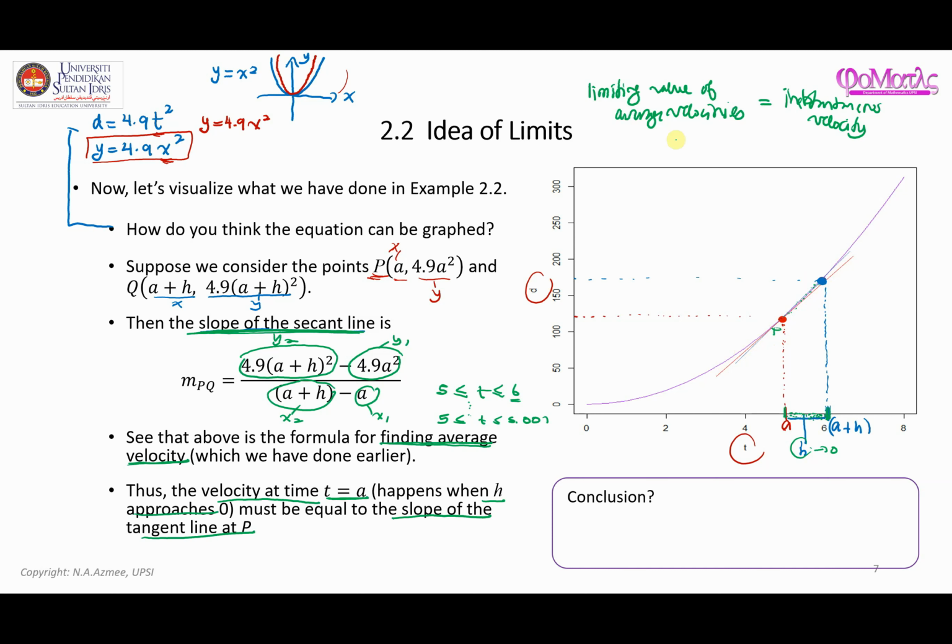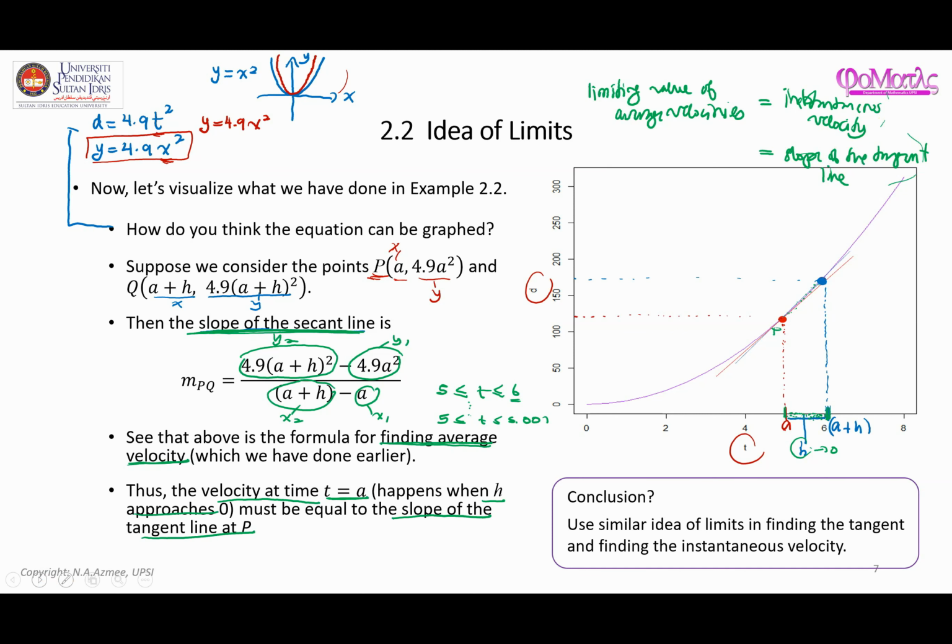So therefore, the limiting value of average velocity here will be equal to the slope of the tangent line. That is the conclusion here, which demonstrates that both problems, to find instantaneous velocity and to find the slope of the tangent line, will apply the idea of limits. So that's the conclusion.